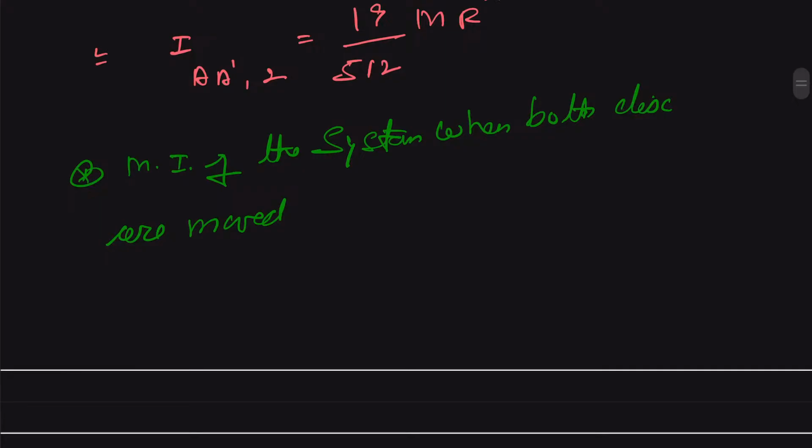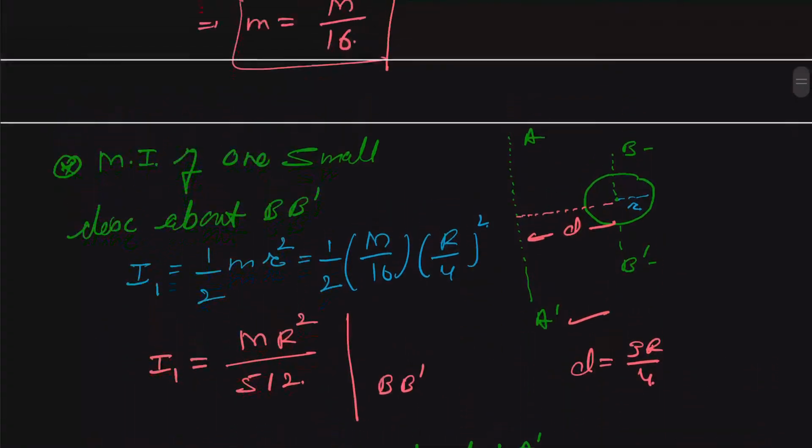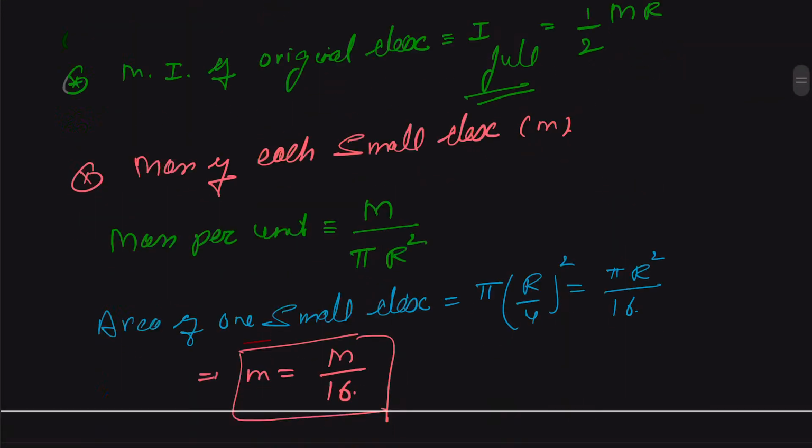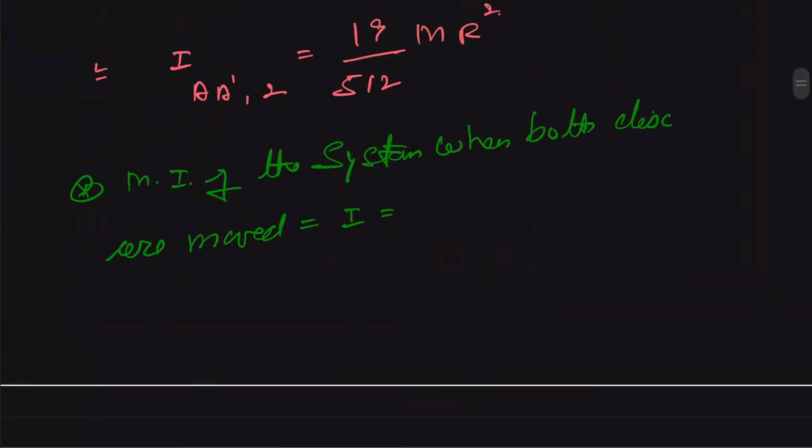and let us call this I, will be equal to the moment of inertia of our original, that is I full, minus the moment of inertia about a prime because of the first disk, plus the moment of inertia about a prime because of the second disk. Obviously it is same.